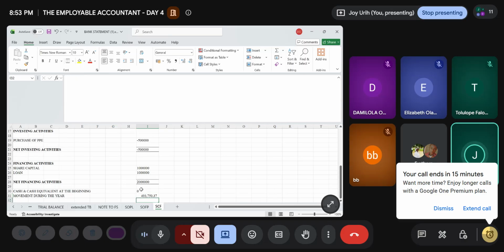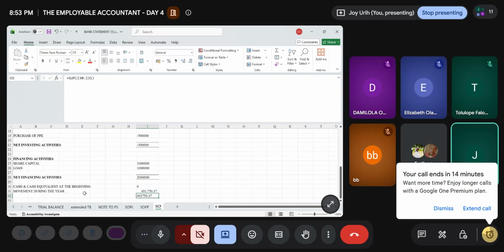So at the end of the day, we add our cash at the beginning plus our movement during the year together to get our cash at the end. Our cash at the end. So I'll just copy this to save time. We are short of time already. And change this to end.